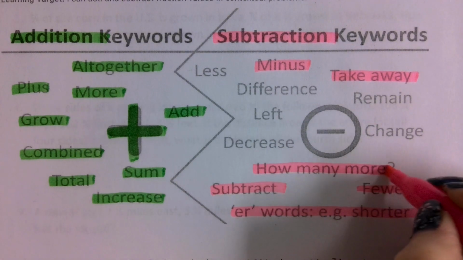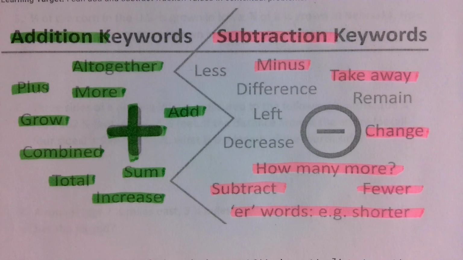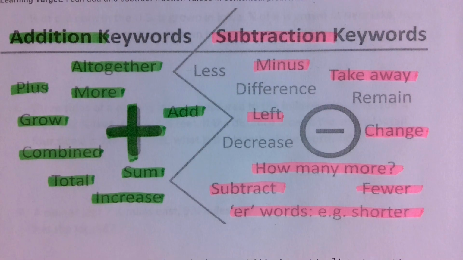How many more? Asking for the change. If you're doing a money problem, what is your change? How much change are you going to have left? Leftovers. Okay? How much is remaining? Those are keywords for subtraction.